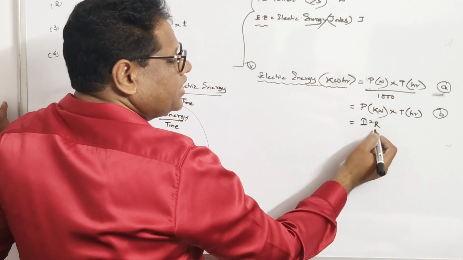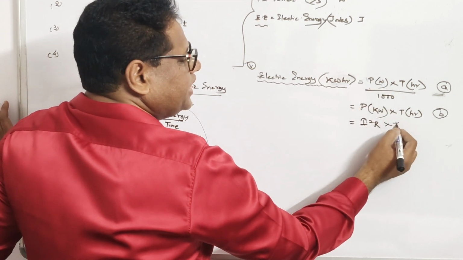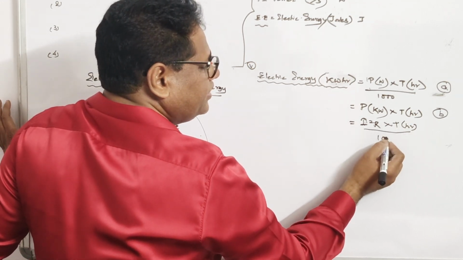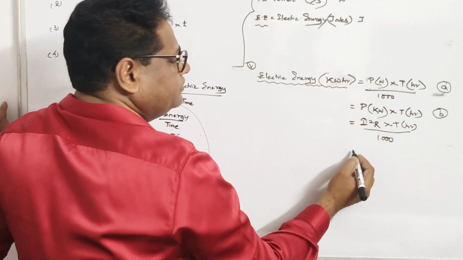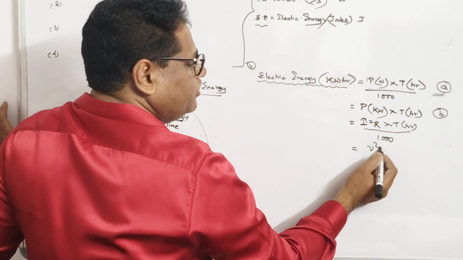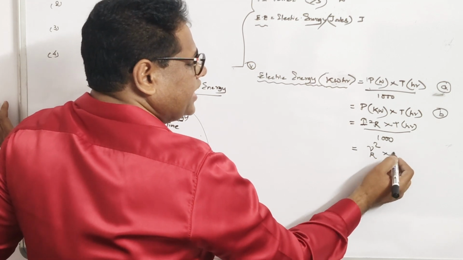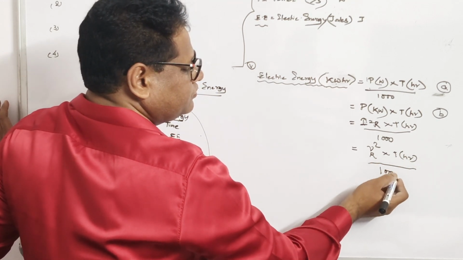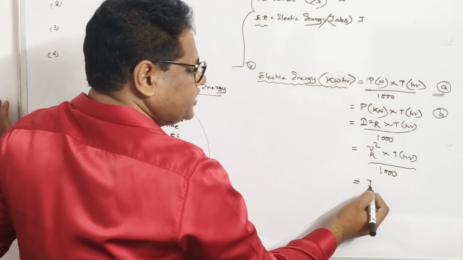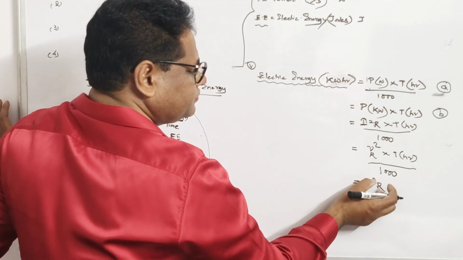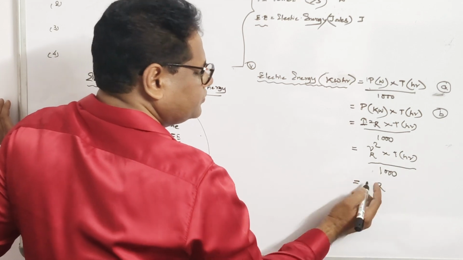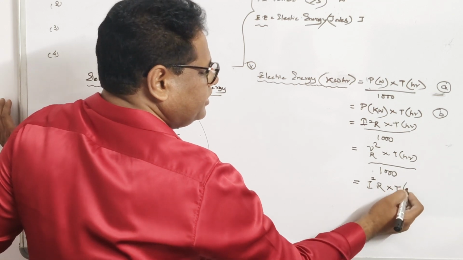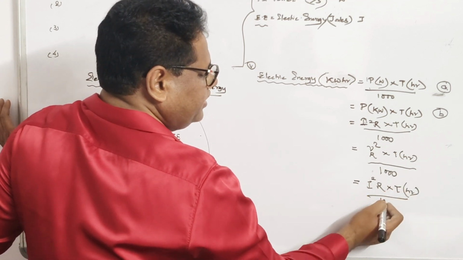So the product of I square R gives you the power in watts, multiplied by time in hours, divided by 1000, because this expression is in watts. Clear? Also we can use this expression V square by R into time in hours, the whole divided by 1000. Also we can use I square R into T, that is time in hours, divided by 1000.